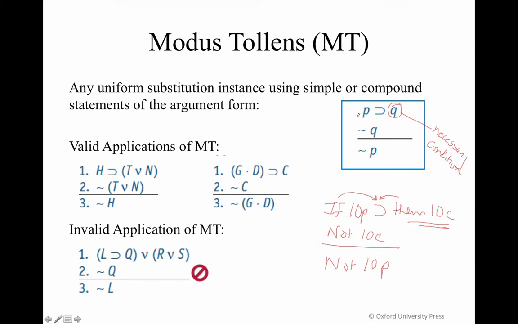Here again, we have a couple of examples of how this argument form plays out in rather complicated statements. The main operator here is the horseshoe, and then the main operator in the second premise is the rejection of this parenthetical.